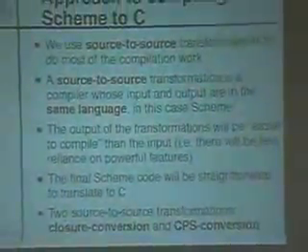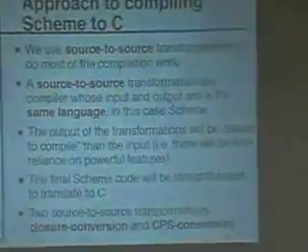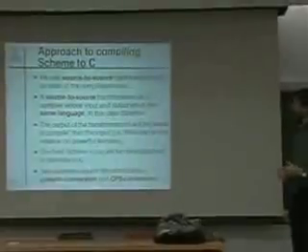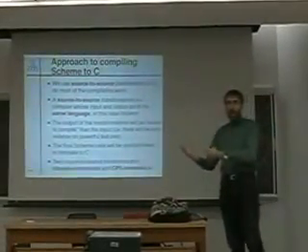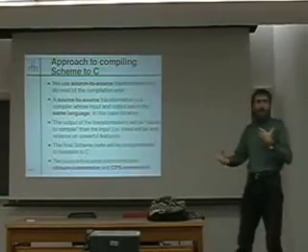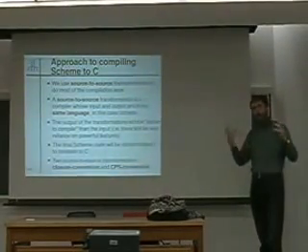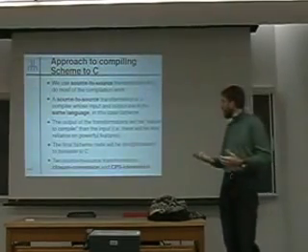So you do transformations, but you stay within the same language. And what a source-to-source transformation usually does is make the output a little simpler. So it uses less advanced features of the language, but still it stays within the same language. And this is what we'll be using.